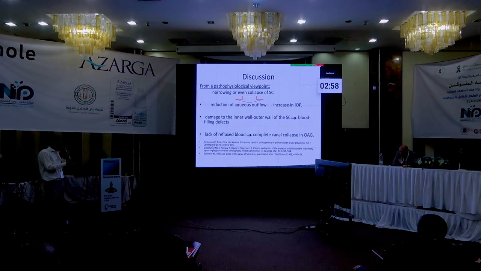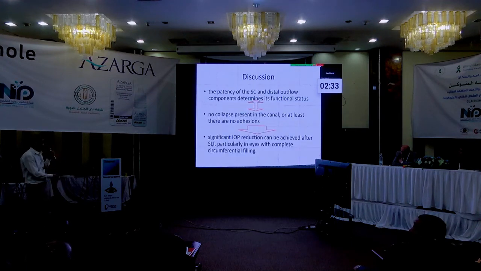This can be demonstrated in gonioscopy as blood filling defects in Schlemm's canal. In eyes where there is a lack of blood reflex in Schlemm's canal, this can indicate complete canal collapse in open-angle glaucoma. This has been stated and discussed in previous studies.